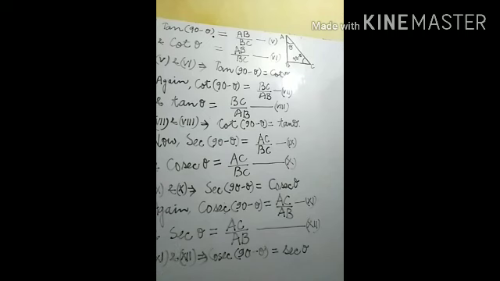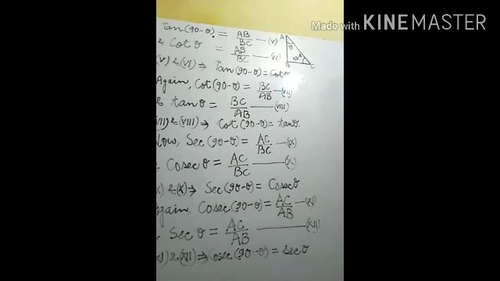In this way, we have proved sin 90 minus theta equals cos of theta. Again we have proved cos 90 minus theta equals sin of theta. Next one is tan 90 minus theta equals cot of theta. Further it is cot 90 minus theta equals tan theta.